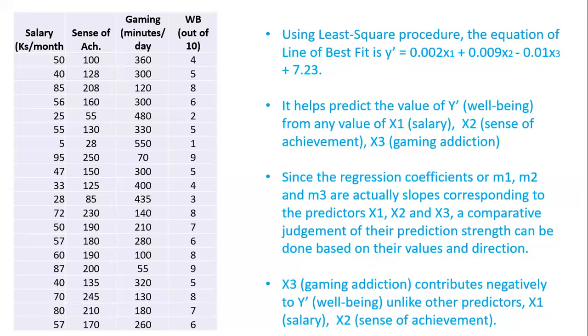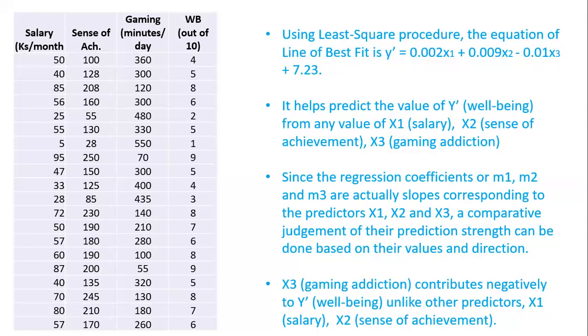So we can say that, okay, as the next point, the fourth bullet point tells us, gaming addiction contributes negatively, which is like 0.01 as the slope, unlike other predictors x1 and x2.